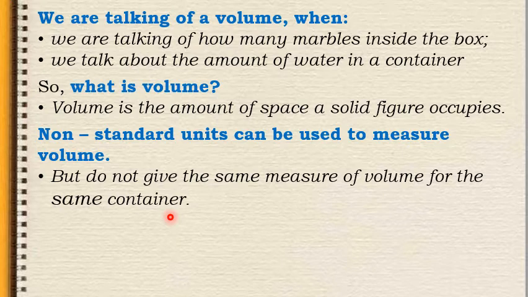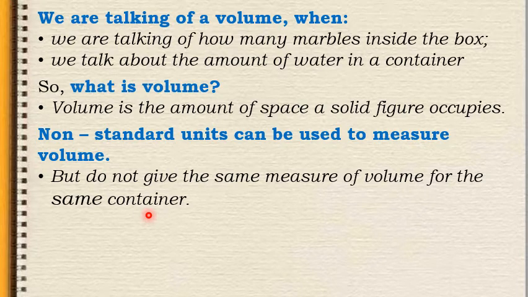Itong mga non-standard units nga na sinasabi ko sa inyo, kagaya kanina yung marbles o yung holen, yung mga buto ng gulay, pwede rin natin yan, bato, pwede rin yun, yung mga small pieces of rocks or yung tinatawag natin pebbles, pwede rin yung grains o yung mga butil ng bigas. Those are examples of non-standard units. Kapag nilagay natin yan sa mga container, it will not give the same measure of volume for the same container.